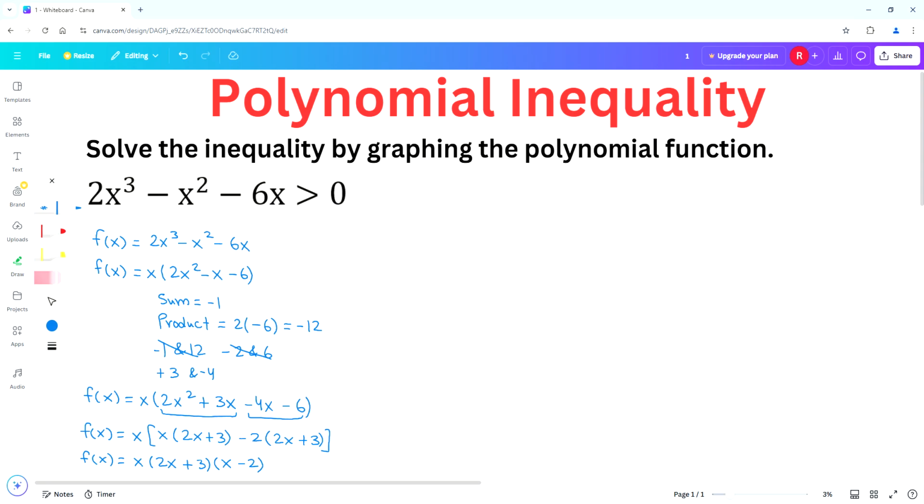Now we can use this factored form to find the x-intercepts. For x-intercepts, we should set each factor equal to 0 and solve for x. The first x-intercept is 0. We can write it as an ordered pair as 0, 0.